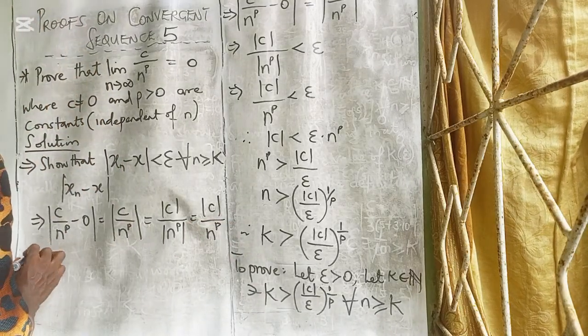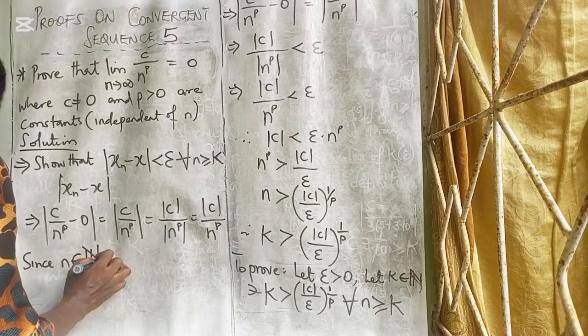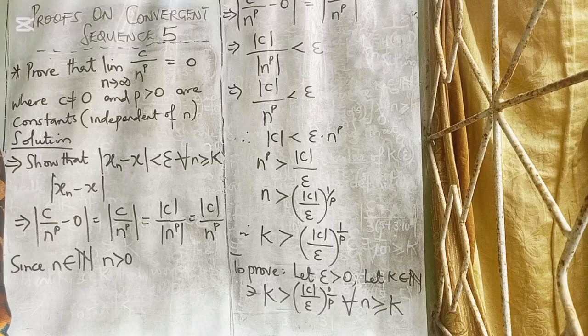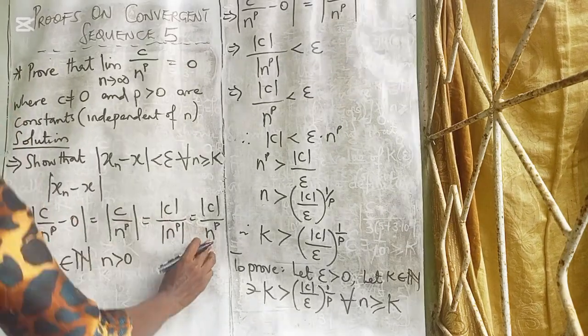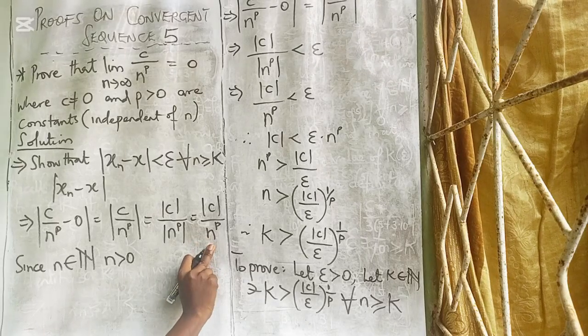And since n belongs to the set of natural numbers, our n is greater than 0, and so we can take away the absolute value for n raised power p.